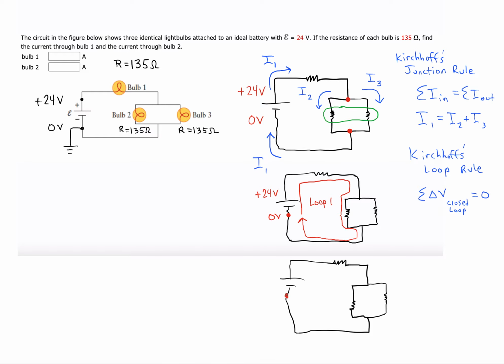By that I mean starting here, going all the way around, taking the right path this time, and coming back to the battery. That could be called loop 2. And Kirchhoff's loop rule has to hold for both of these situations.